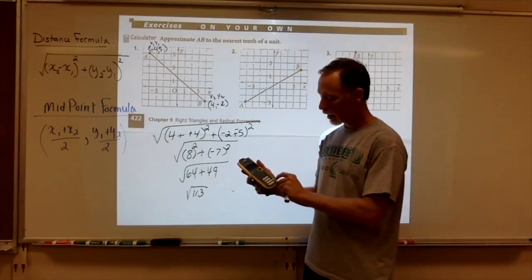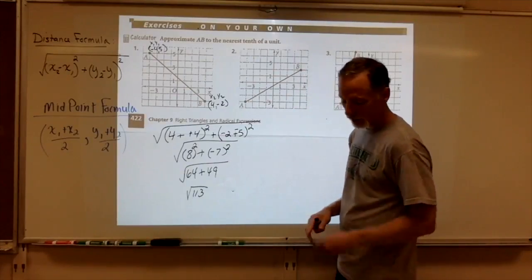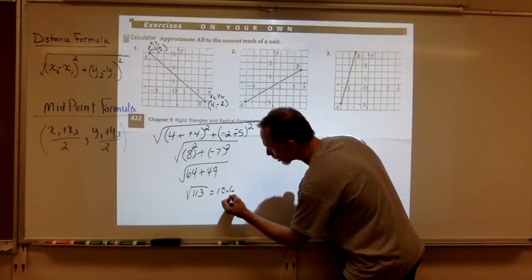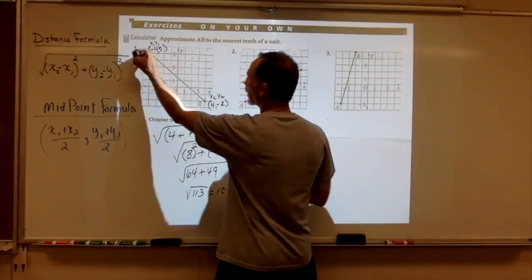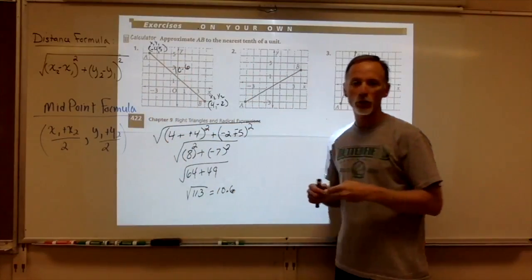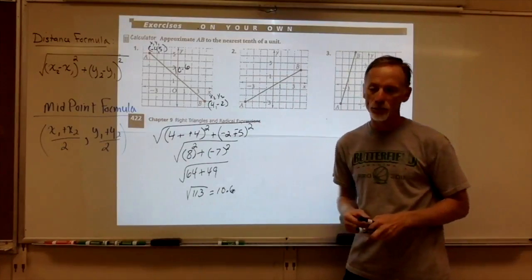But above the enter key, there's two arrows there, which will change it to a decimal, which makes 10.6. And that's an approximation. So this length is approximately 10.6 units. We don't know what the units are, but that's the approximate length of that.